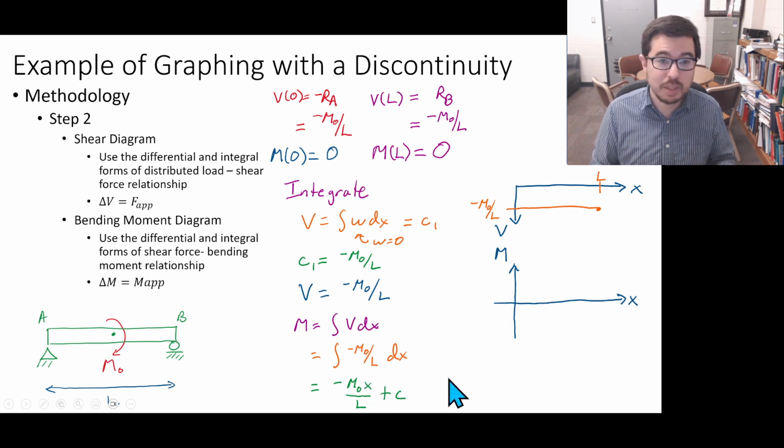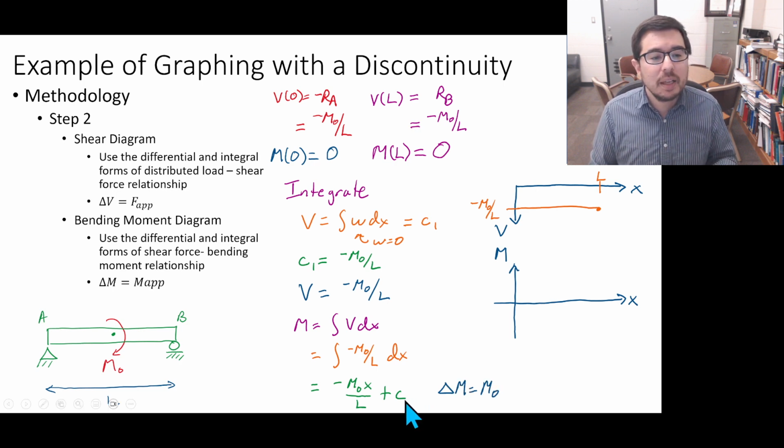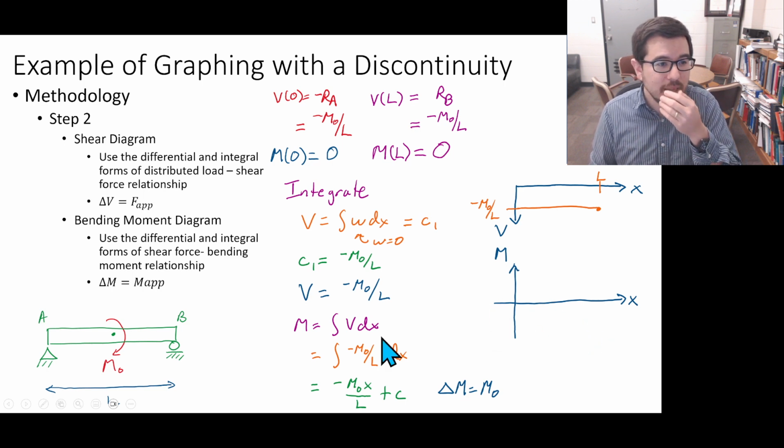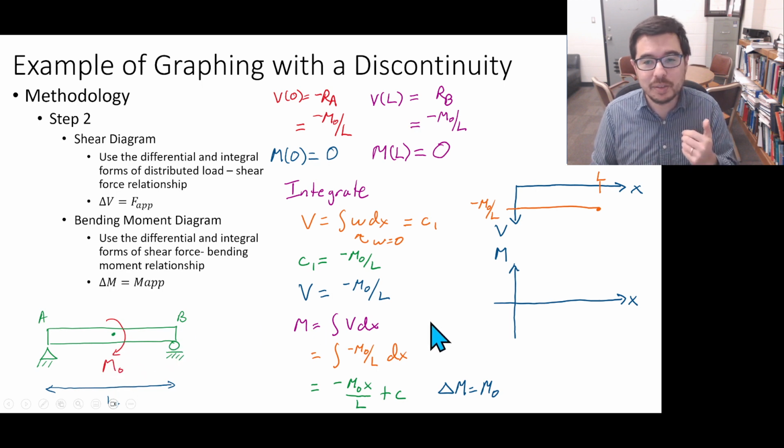C is going to be equal to 0 on the left side. Now, that's nice, but as we move from the left to the right, at x equals L over 2, we have a discontinuity.